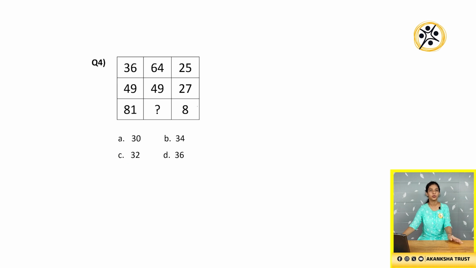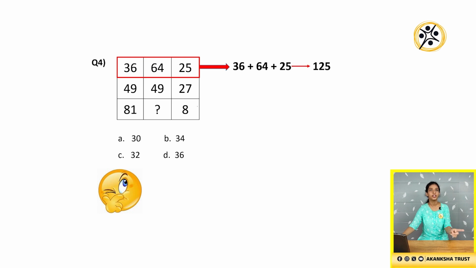Let us go over the next question. Here we can find that the missing number is in the last row and middle, the second column. So here let us also try to find a relationship across the first row. We can see that if we add 36 with 64 and 25, we get the answer as 125.